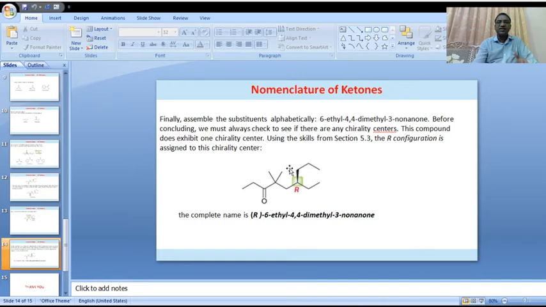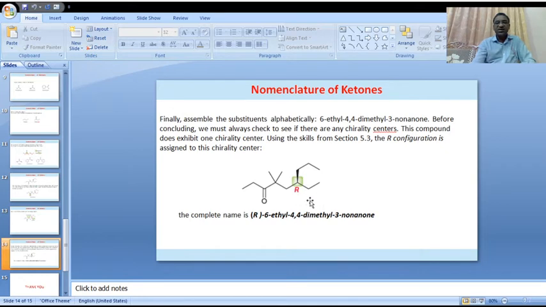This chain is arranged above the plane. This configuration is called R configuration. R configuration is assigned to this chirality center.